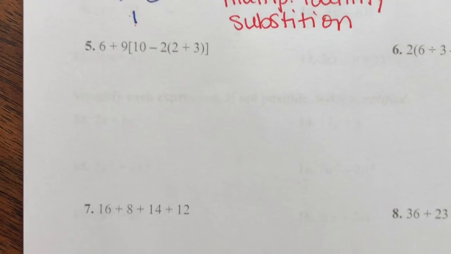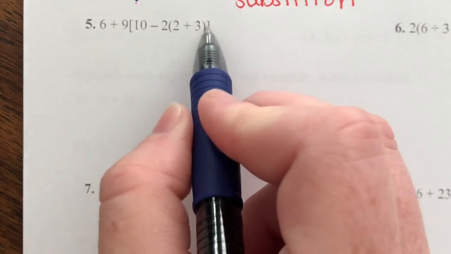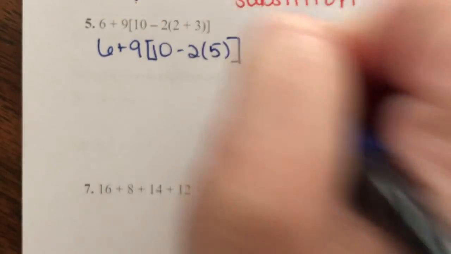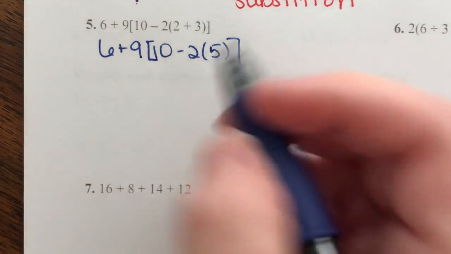And number 5. I've got 6 plus 9 and then all this stuff in brackets. So first thing I'm going to do is simplify what's inside parentheses in the brackets. 6 plus 9, brackets, 10 minus 2 times 5, brackets. Next, inside the brackets, I'm going to multiply 2 times 5.